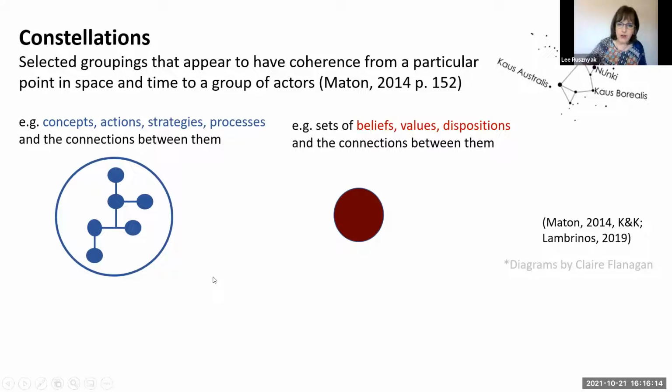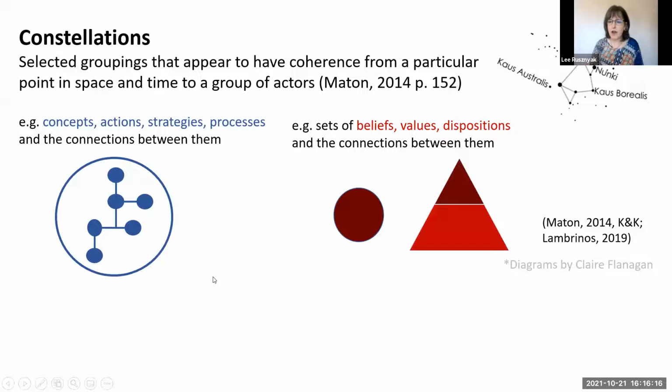Another way of portraying this, and I'm drawing on Eleanor Lambrinos's study of ballet, is how, again, a cluster of behaviors could be condensed into a cluster of dispositions, which could be condensed into ethics. So those are some of the representations that we're going to use.